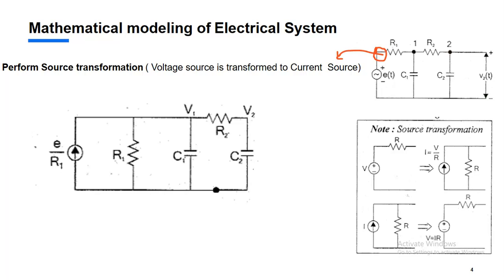We are going to convert that into a current source in parallel with resistor. Here it is V by R. Similarly, it is E of t by R1. That's what I have written here. And we have an R1 resistor, then R2, C1, C2. This is the output voltage V2. This is the reference point.